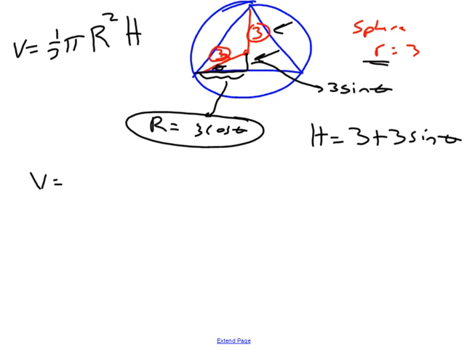So our volume equals 1/3 pi times (3 cosine theta) squared times h, which is 3 plus 3 sine theta.